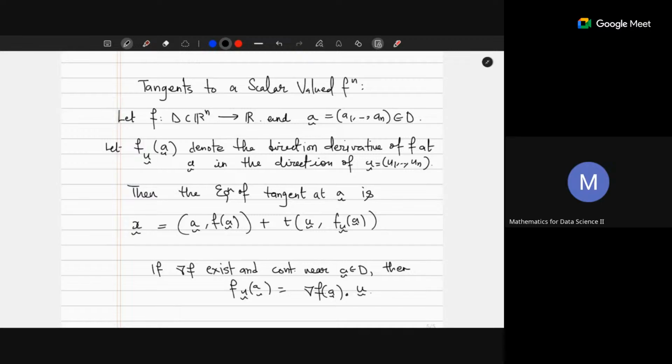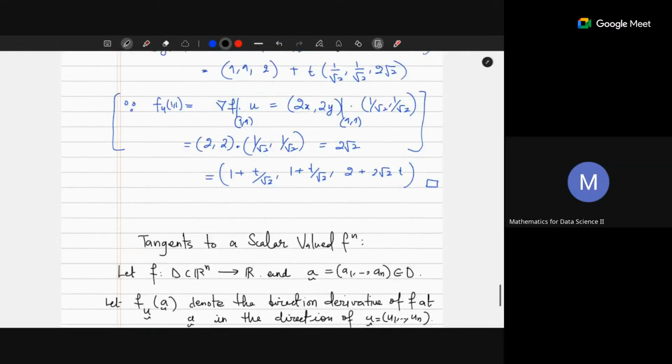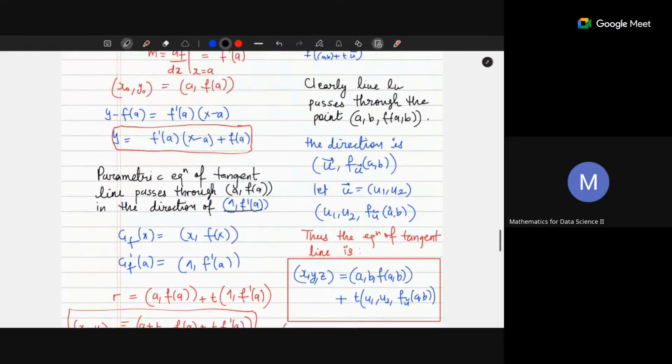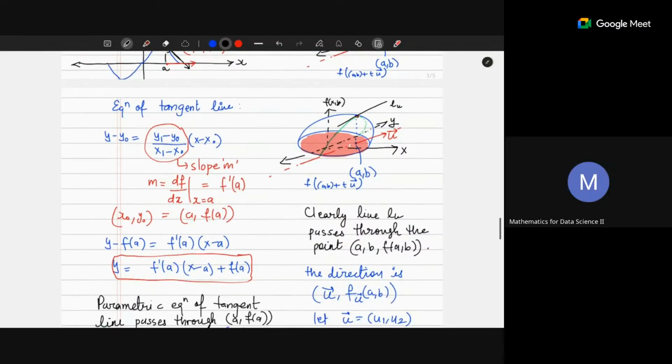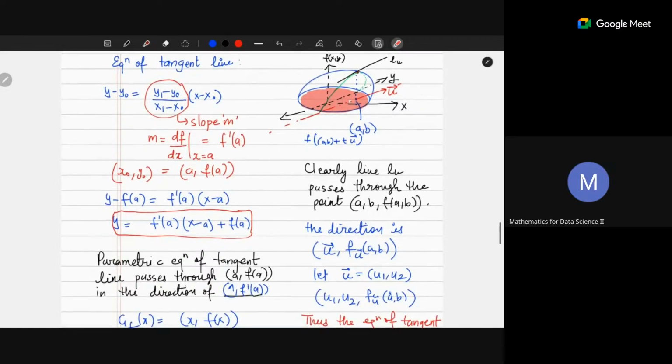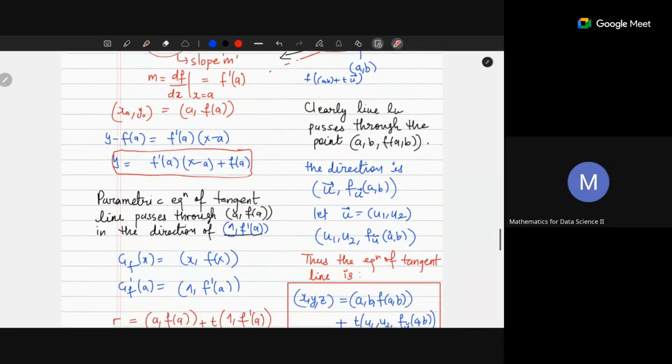Okay, good. So when I was discussing the one variable case, I also wrote the expression for the linear approximation of the function. So this is precisely the linear approximation of f at x equal to a. Similarly, one can have the linear approximation in higher dimension.